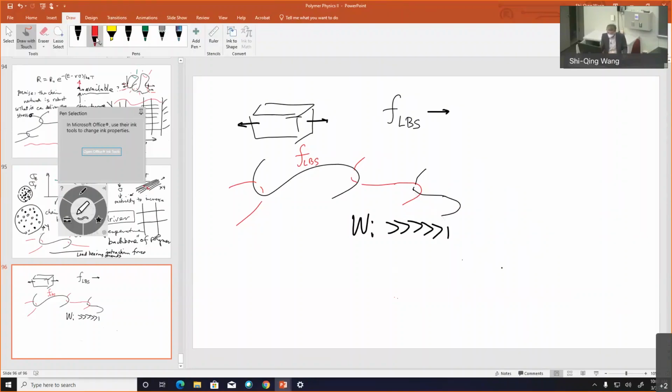Where is the weakest link? I'm trying to persuade you now. Where weakest link, meaning where would be the point things will give in? Force is too much. Okay, right? I claim the weakest links are not here, here, and here.